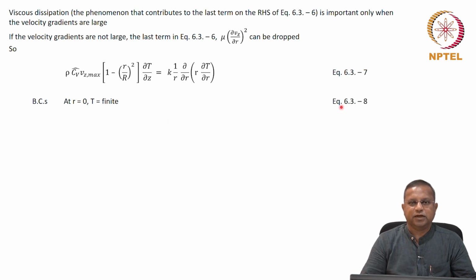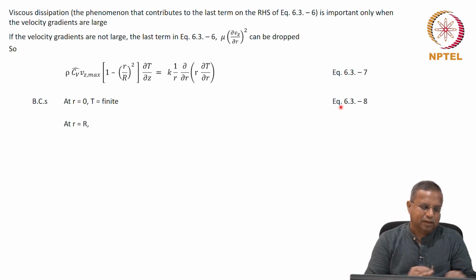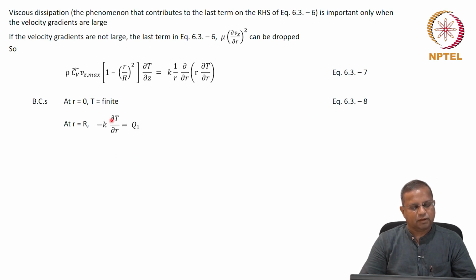Equation 6.3-8. At R equals the surface, R equals R, minus K dou T dou R is the heat supply rate. This is the heat that is being supplied due to conduction, right? And therefore, at the wall, it's completely through conduction. And therefore, minus K dou T dou R equals Q1.